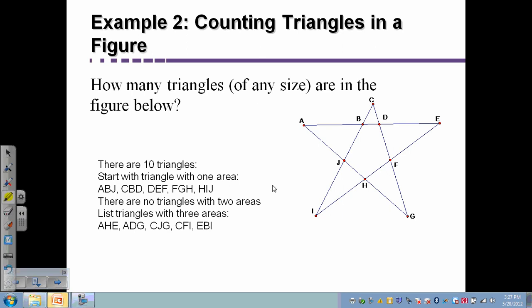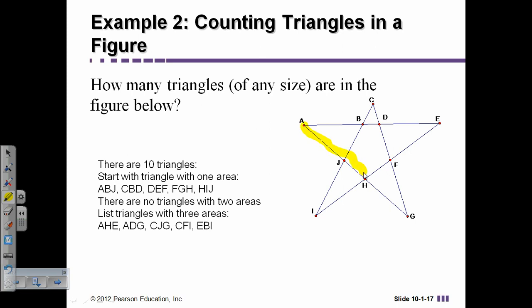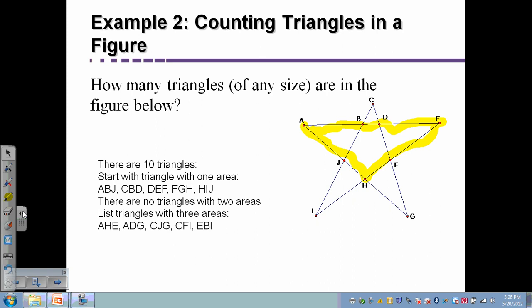So we go now to the ones with three regions, and for example, if we look at AHE, we have that triangle there that has three regions involved. And then we can look at all the triangles with three regions, and then there are no triangles in the picture with other regions. So we end up with 10 possible triangles out of this shape.